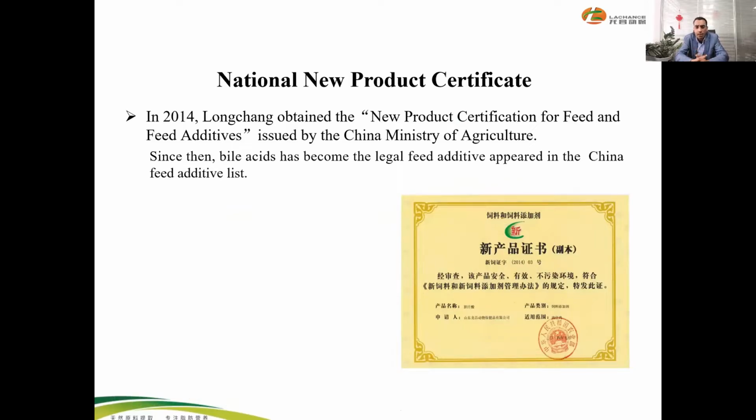This is a certificate that La Chance Group attained from the Ministry of Agriculture in 2014, certifying the use of bile acid in animal nutrition.